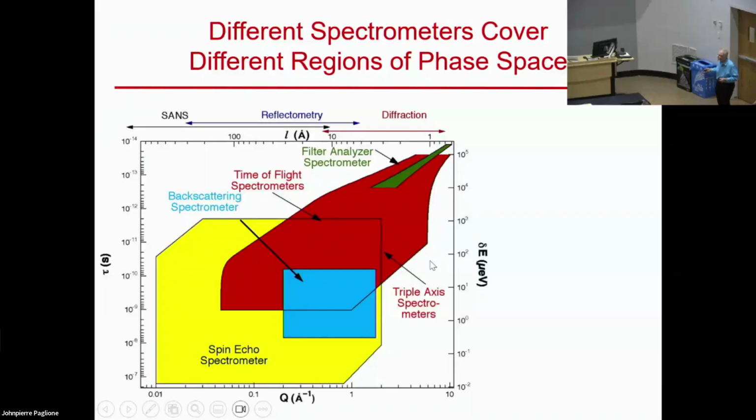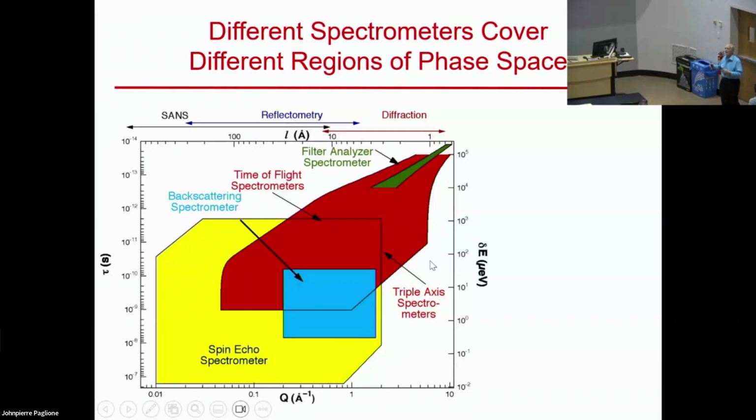So basically, 8 or 10 orders of magnitude in size. For inelastic scattering, we can basically go about 7 orders of magnitude in energy, 7 orders of magnitude in length scale.